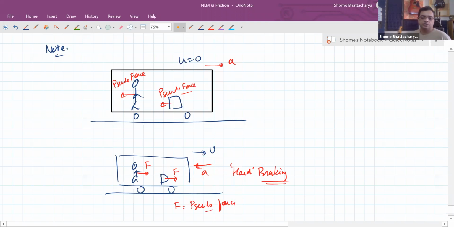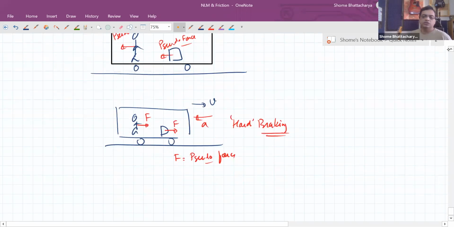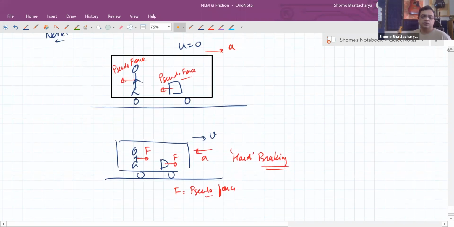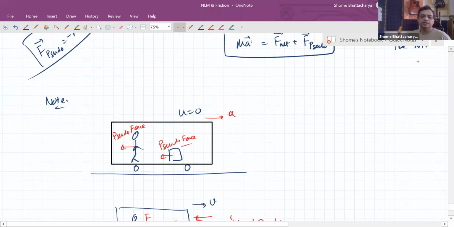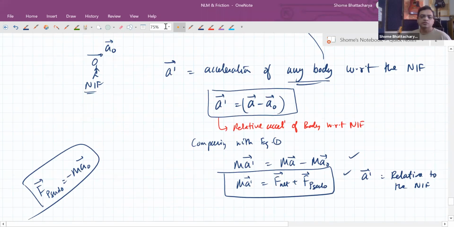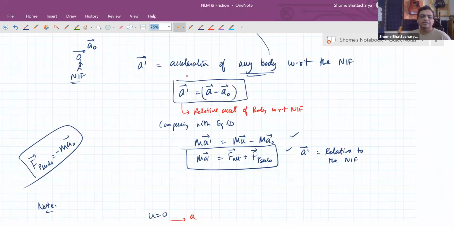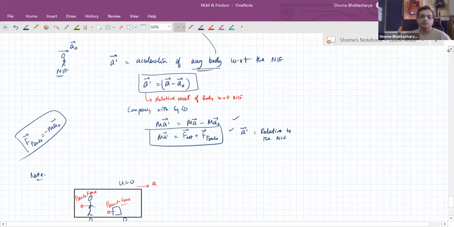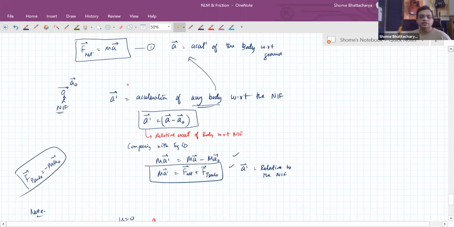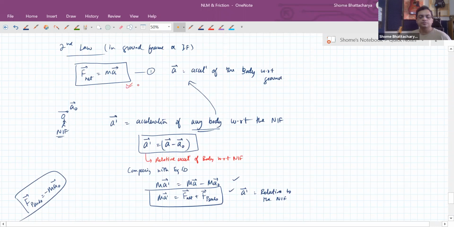And from the earlier formula or the earlier analysis of Newton's second law in inertial ground frame versus the relative motion with respect to the non-inertial frame. So this is Newton's second law in ground frame.